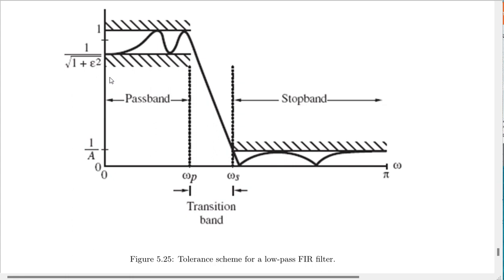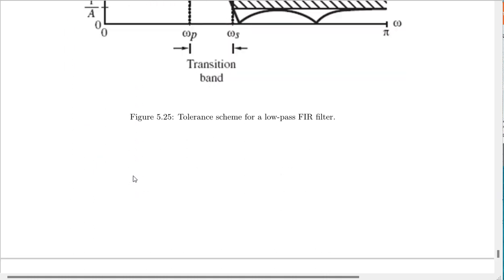Okay? Here it's passband. And stop band 1 over A, or somehow related to delta S. So omega passband, omega stop band. Here it's called transition region or transition band. Okay.